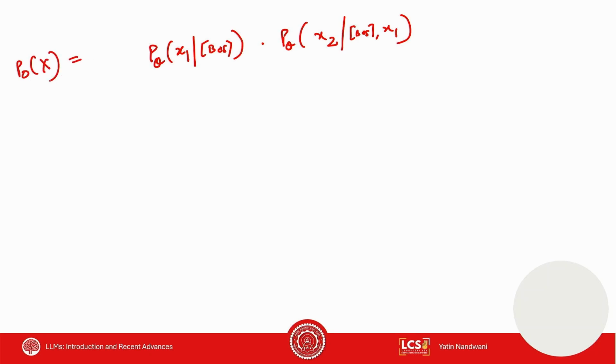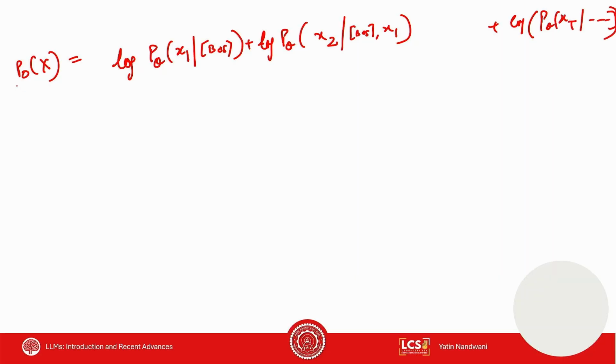we will get p theta of x1 given BOS times p theta of x2 given BOS and x1. This is the probability of the sentence x. If I take the log, it's going to be log of this plus log of this plus log of p theta x t given the previous.